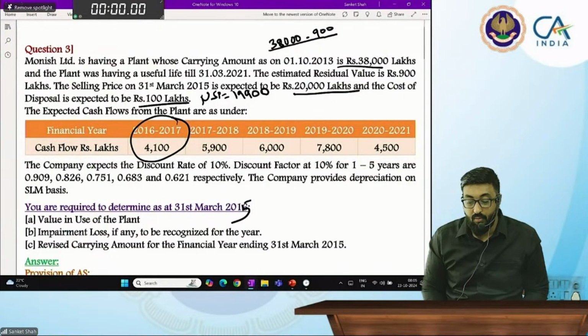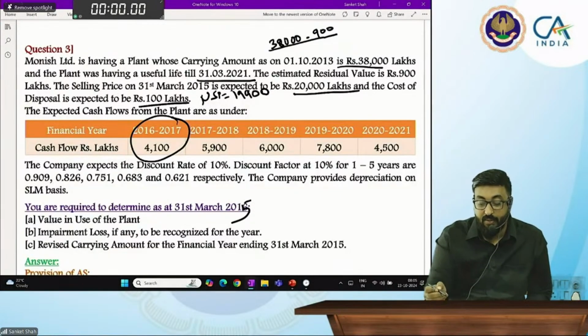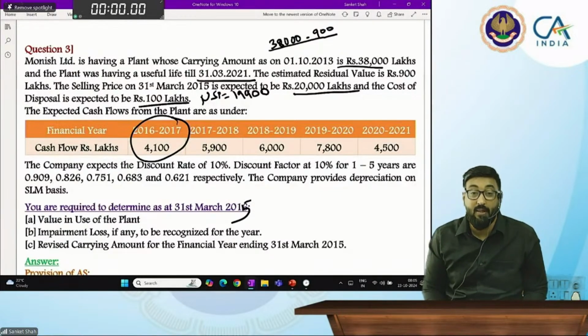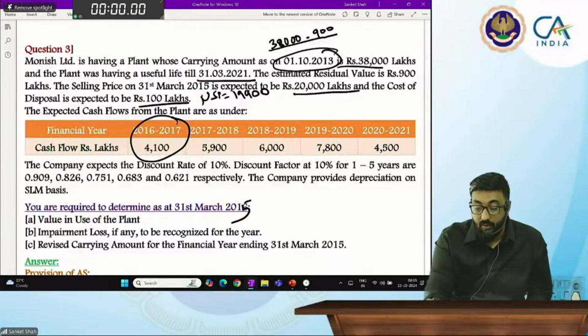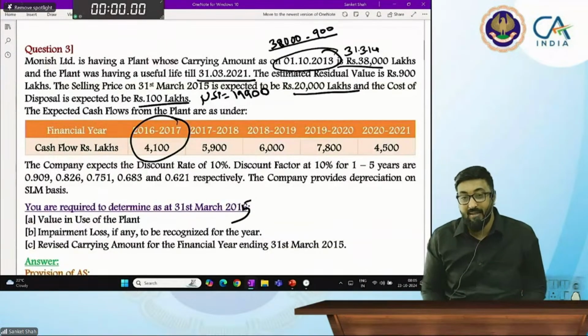Now, if you can check here, the useful life of the asset is till 31st March 2021. Now, this year ends on 31st March 14 when we bought the asset. That is the 6 months.